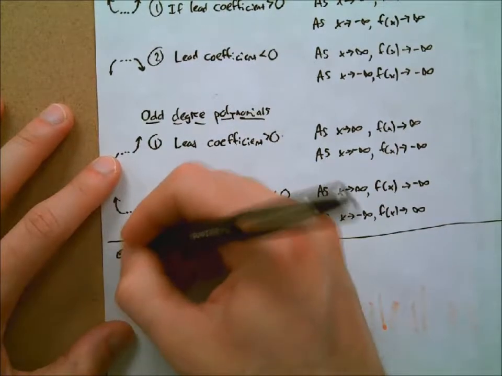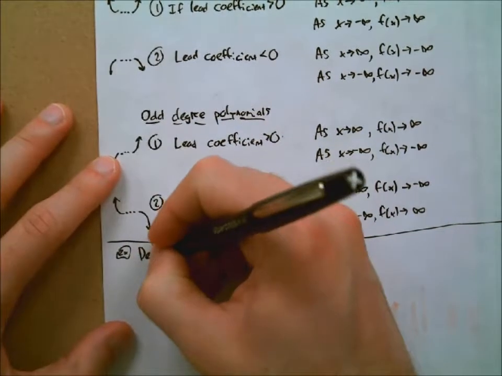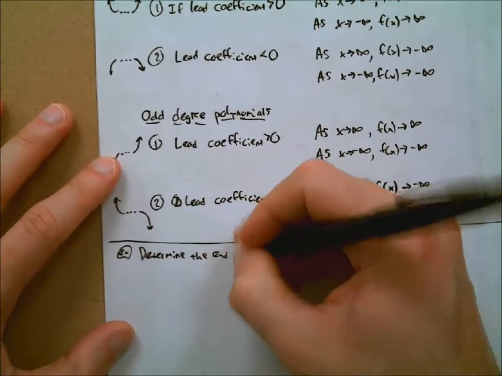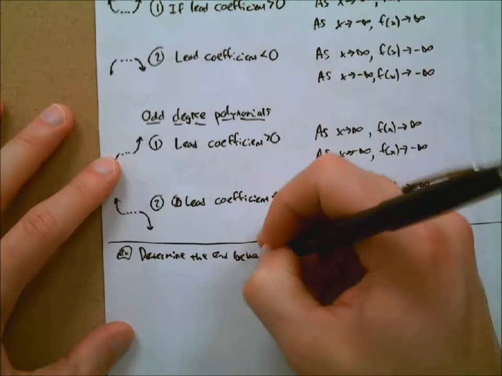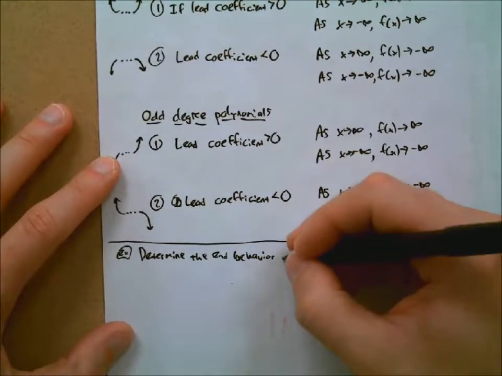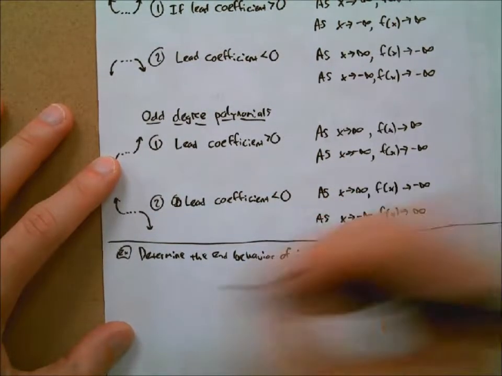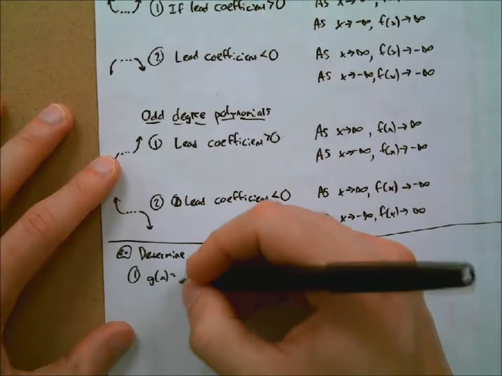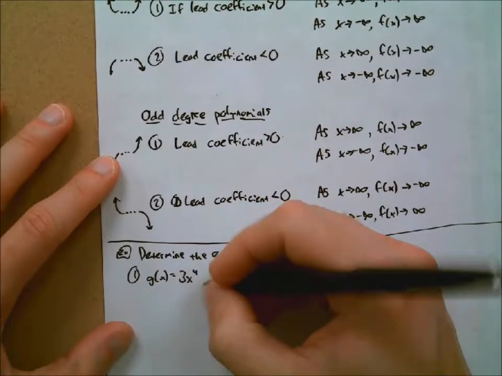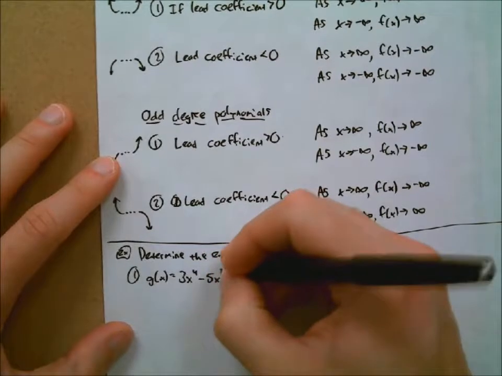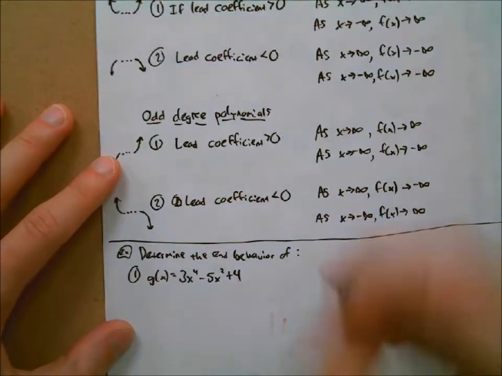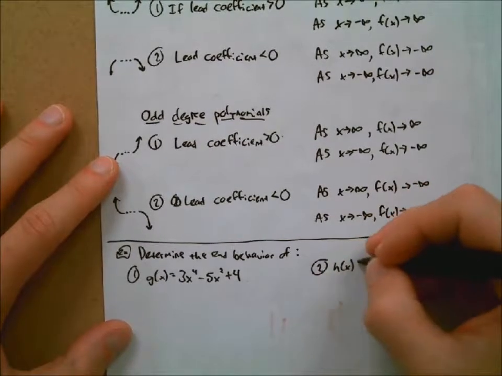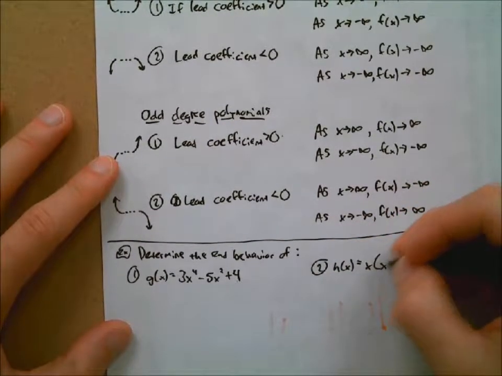Let's determine the end behavior of, number 1, g of x equal to 3x to the 4th minus 5x squared plus 4. And we'll also do this one together too: h of x equal to x times x to the 4th minus 1.